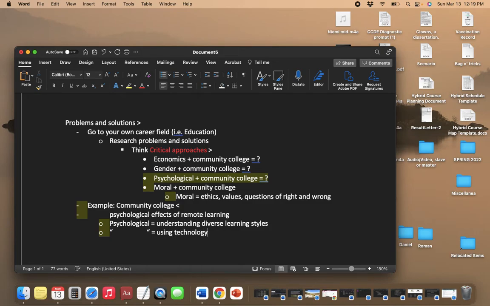One of the things I'm learning right now, just in the last few months, is that we don't like remote learning, and even though people are using computers all the time and using their phones all the time, they still just don't like remote learning.